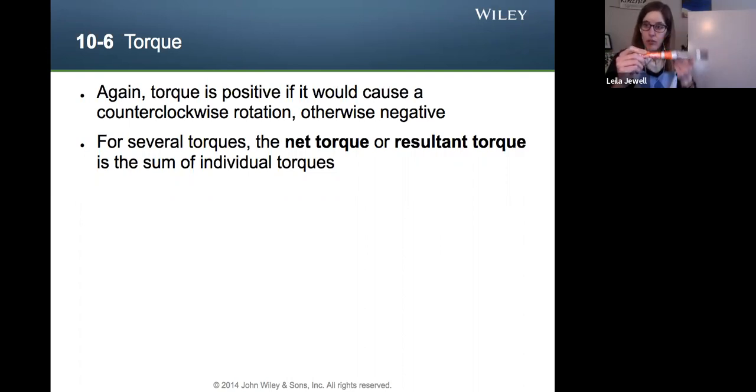But if instead I have a force that could cause a counterclockwise rotation, that is a positive torque. And if we have several torques, the net torque or resultant torque is just the sum of all the individual torques, much like what we did with our forces. When we found the net force, it was just the sum of all the individual forces added together.